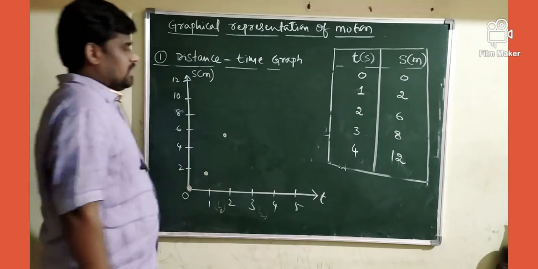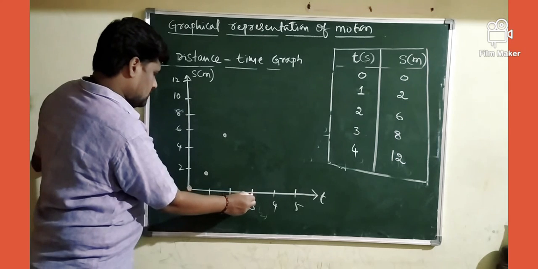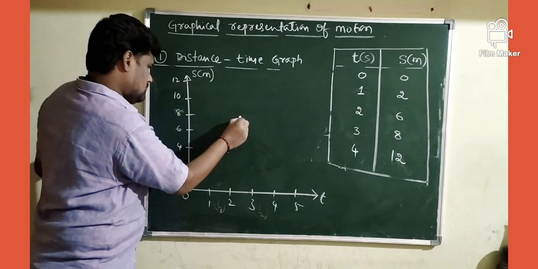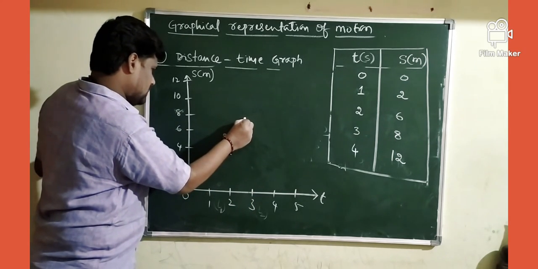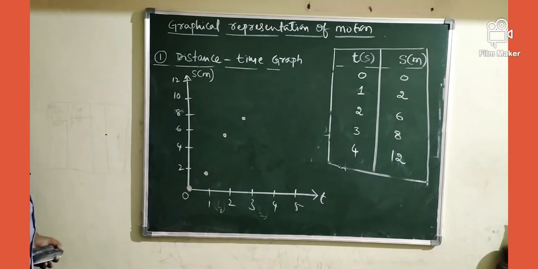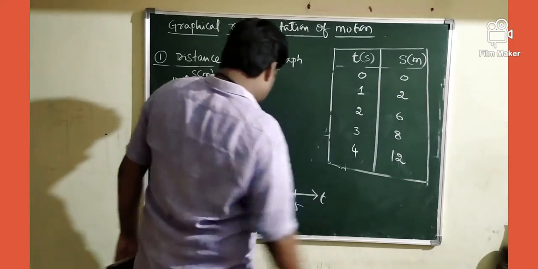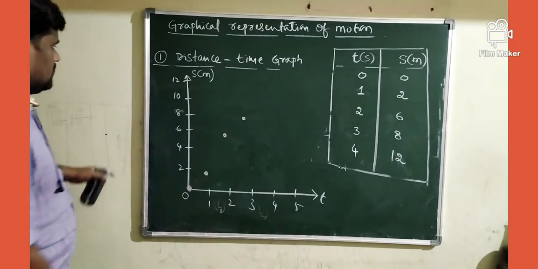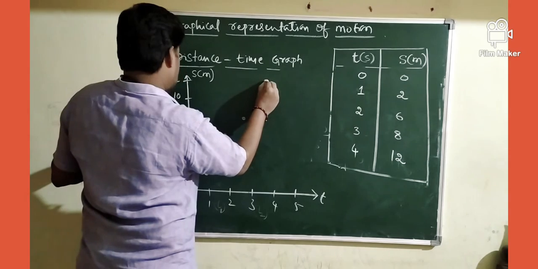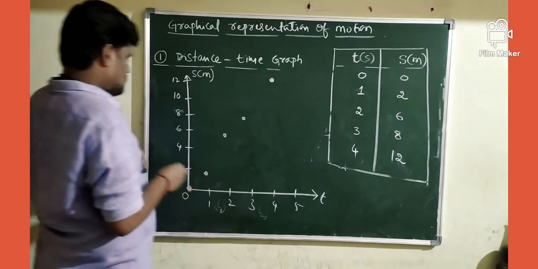When the time is 3, the distance traveled is 8. When the time is 4, the distance traveled is 12.